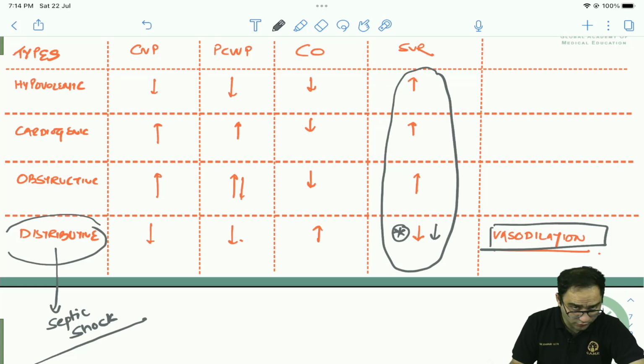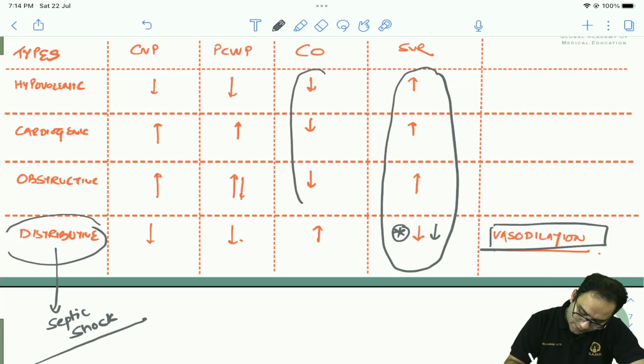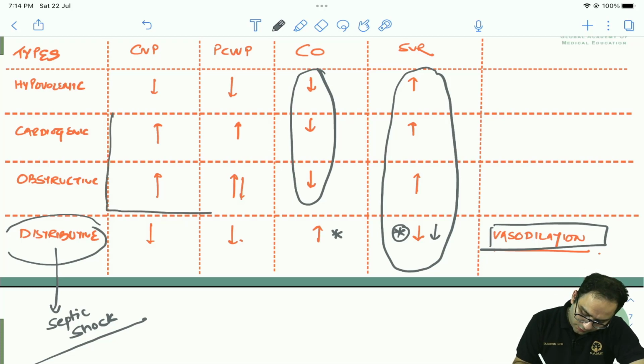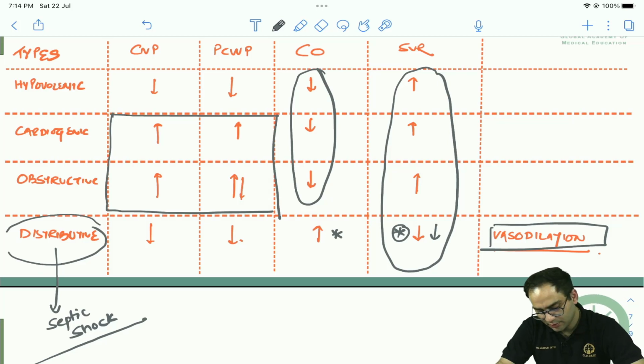All the types of shock have decrease in cardiac output except distributive shock. And in the cardiogenic and in the obstructive shock, you're going to have increase in the central venous pressure and in the pulmonary capillary wedge pressure. So this is all in all about the shock.